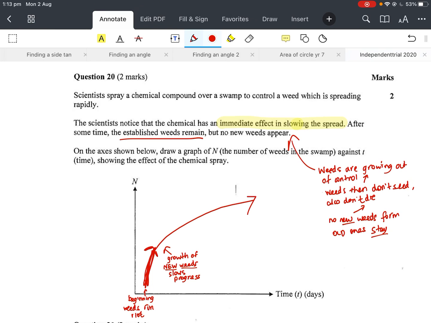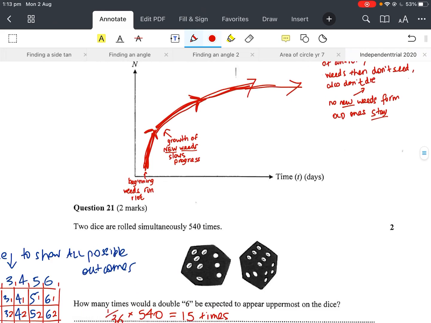The weed controller is just stopping the weeds from sprouting new weeds. So we still have weeds, so you would assume that it would eventually go like this, that the weeds would stay for as long as however, and then they would die a natural death, say in the middle of a drought or in the middle of winter when it's too cold. Okay, so that's why that particular graph goes like that.